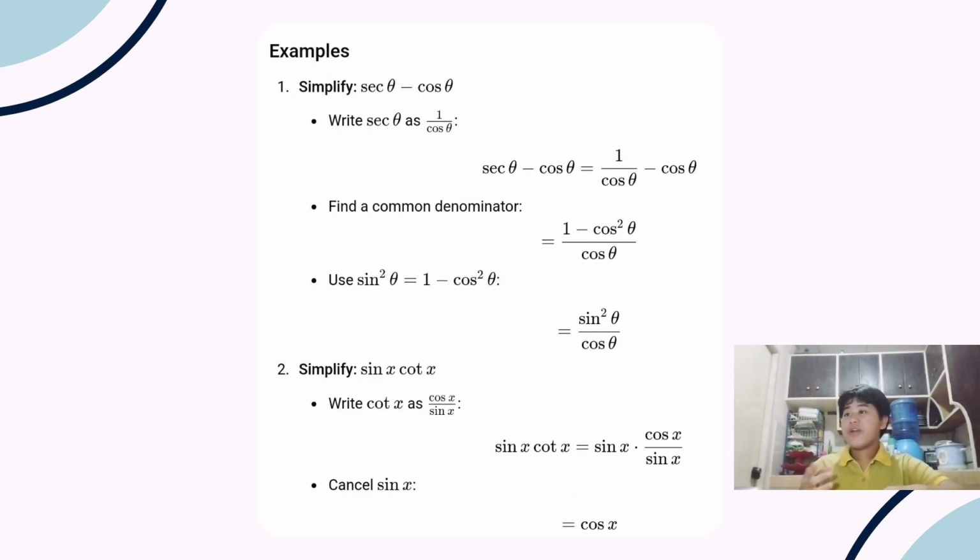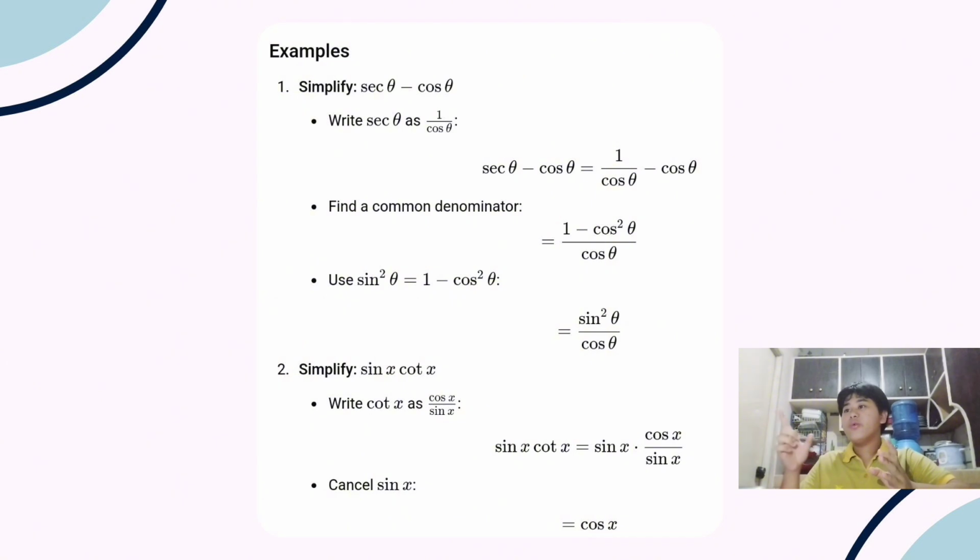So I have here examples that I will be showing to you, just to show the difference between simplifying and proving. So number one example: simplify secant theta minus cosine theta. As stated here, write secant theta as 1 over cosine theta.